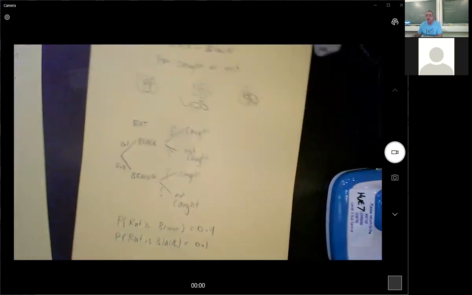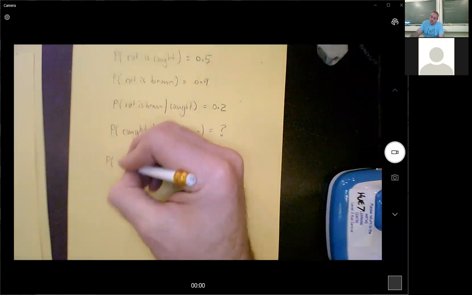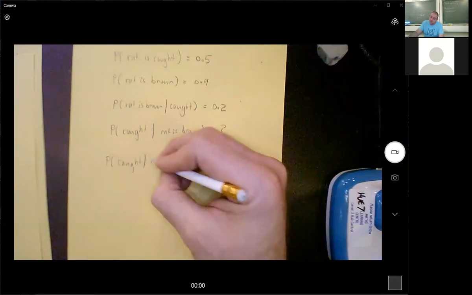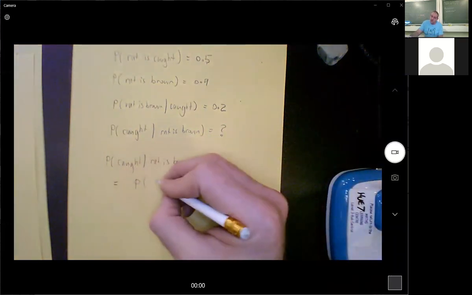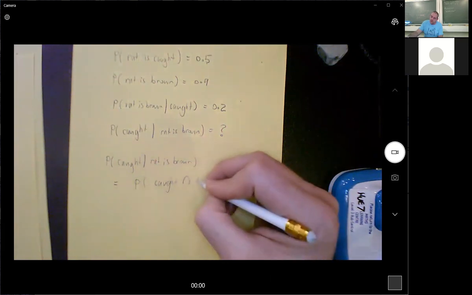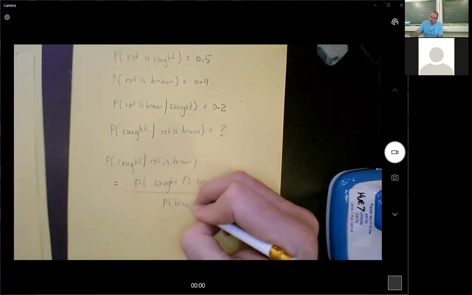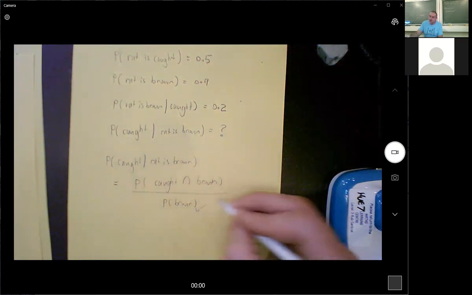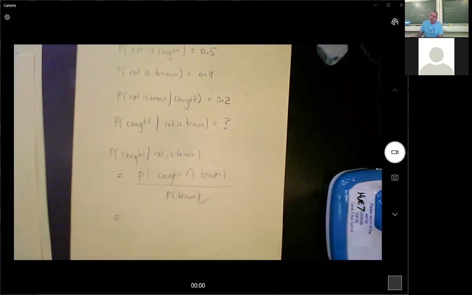I'm going to see if I can figure this out. So Bayes' theorem says that the probability of getting caught, given that the rat is brown, would be the probability of getting caught and being brown divided by the probability of being brown. And we do have that probability, and this one we don't know yet, but I can get that probability by imagining it first being caught and then being brown.